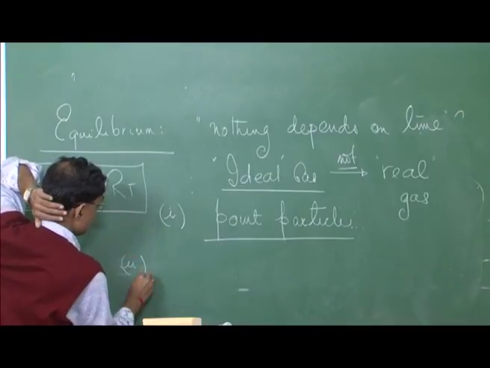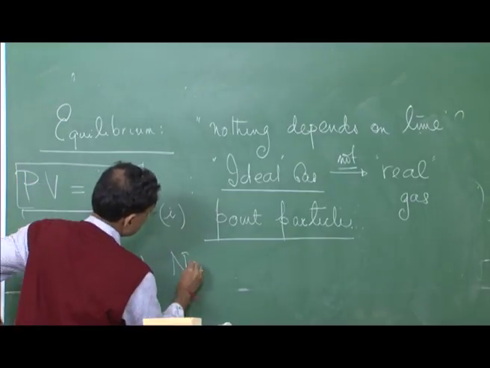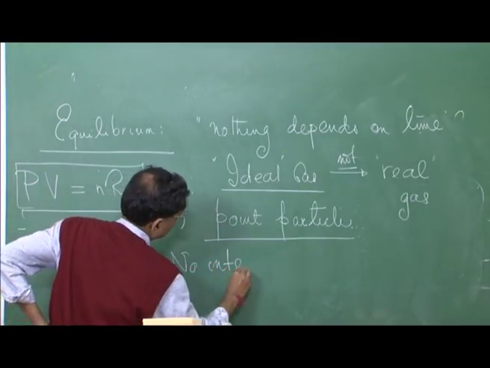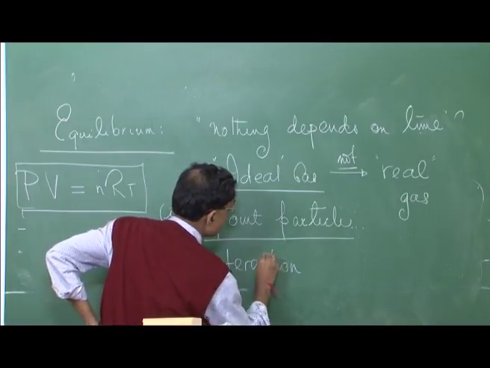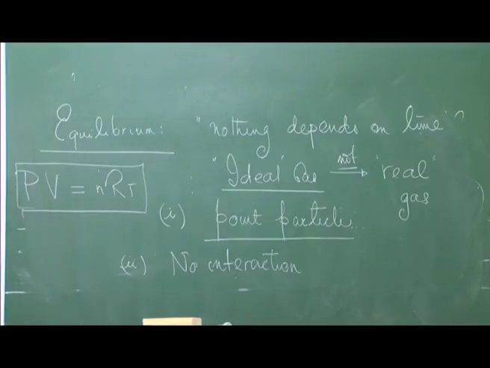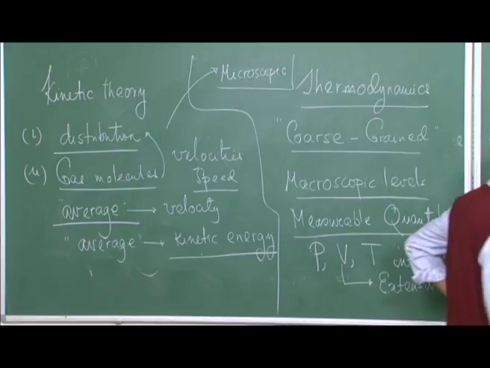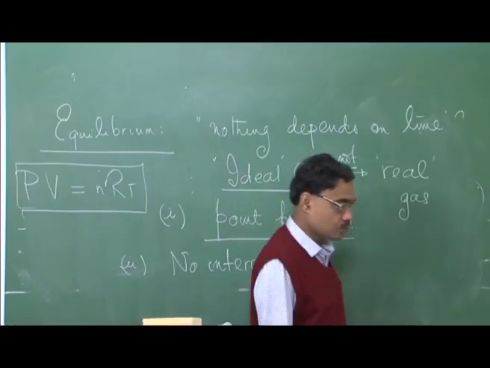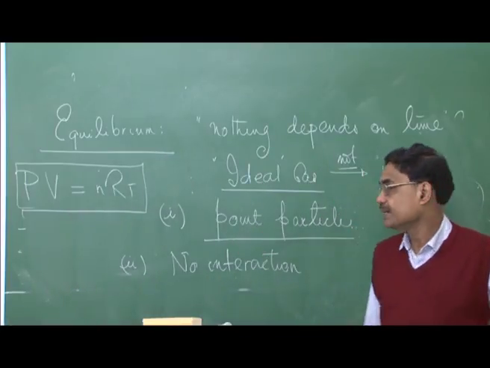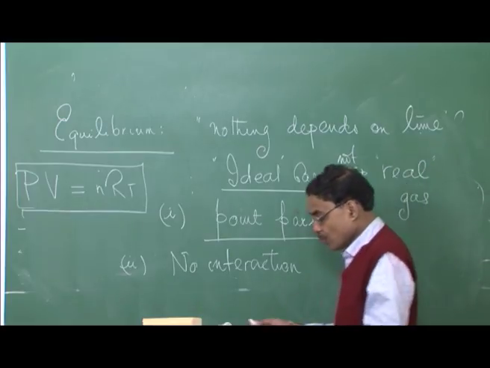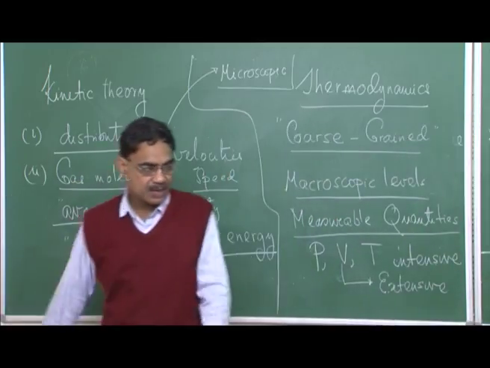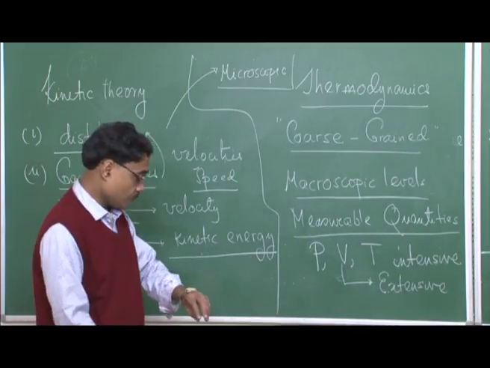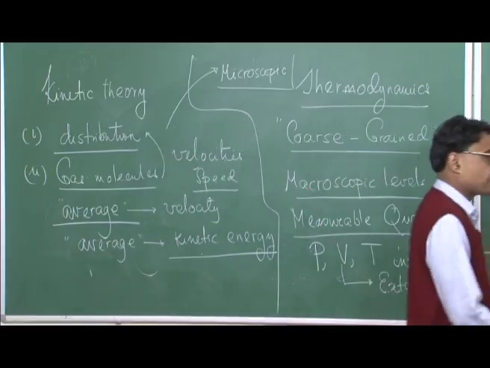Second thing is, I will assume there is no interaction. This is not true. We know that whenever we have molecules or atoms occupying a container, there must be an electrostatic force, and a typical interaction between two molecules is attractive when they are far apart and repulsive when the two molecules approach each other.